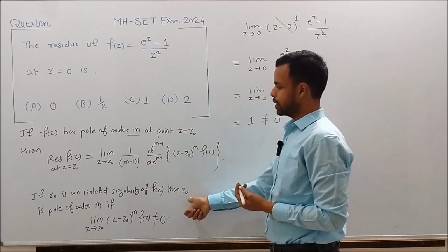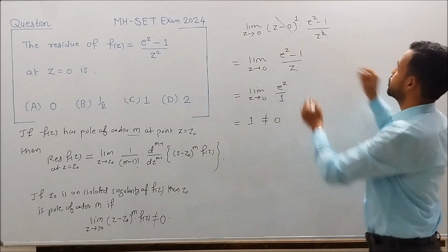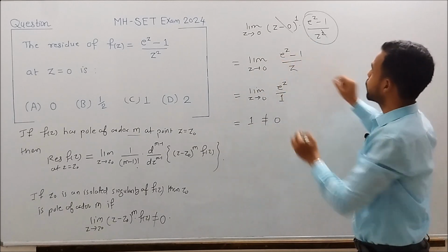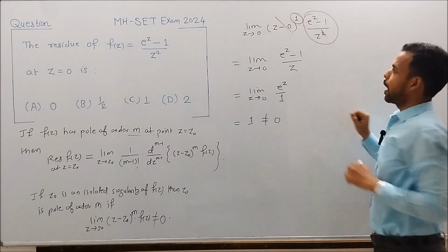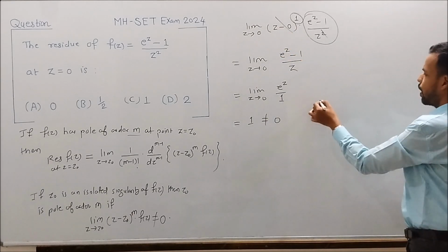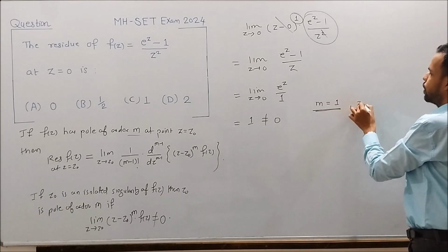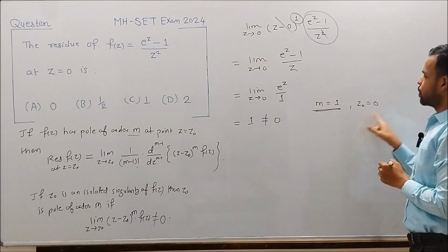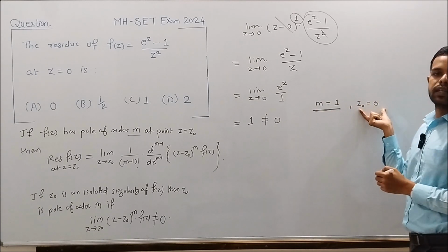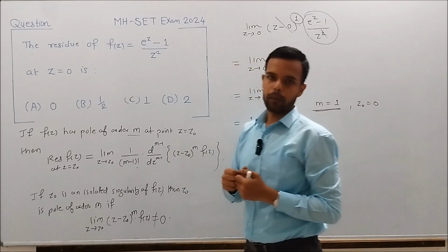So according to this result, the function f of z has a pole of order 1 at point z equals 0. Now we have the value of m, which is 1, and the value of z0 is 0. We just need to substitute these values in this formula.